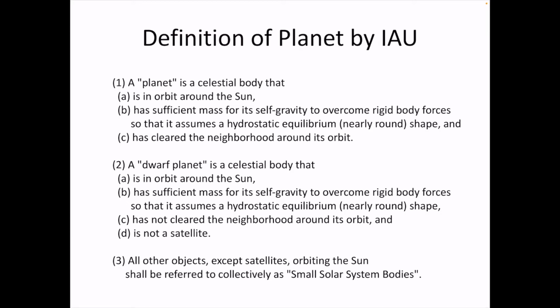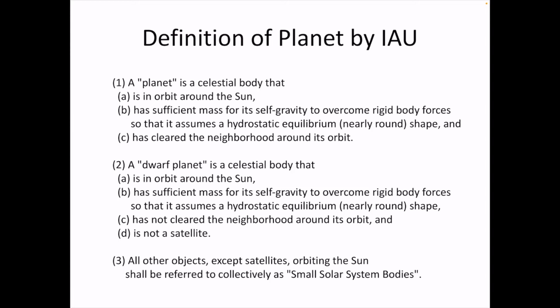When we discovered an object larger than Pluto, we considered the definition of a planet and determined the definition of a planet in 2006. So this is the definition of a planet determined by the IAU. IAU stands for the International Astronomical Union. A planet is a celestial body that, first condition, is in orbit around the Sun.